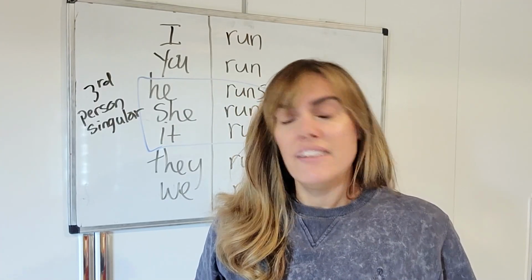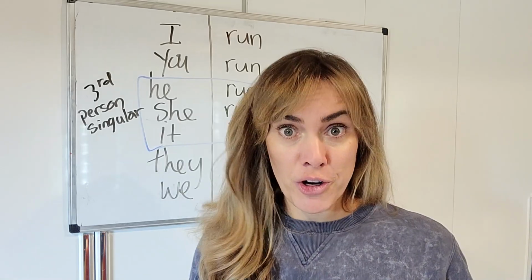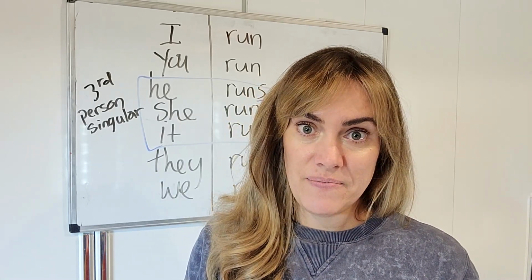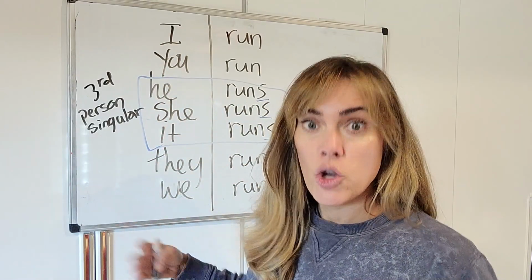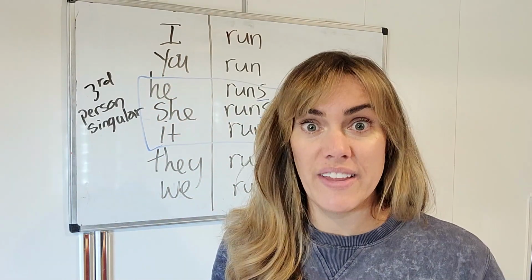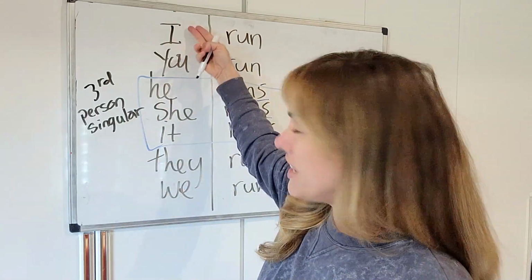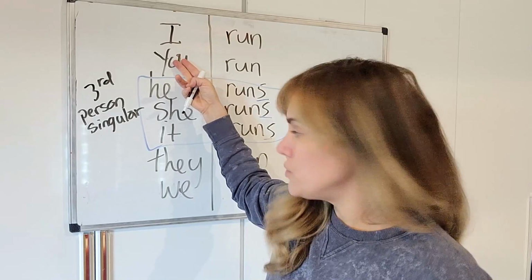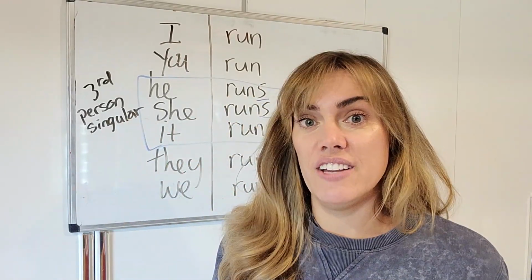So really, when you're writing a sentence and you're using a verb in the present tense, pay attention to the subject of your sentence, right? Who or what is doing the action or being something. If it's I, if it's you, if it's they, if it's we, the verb doesn't really change.